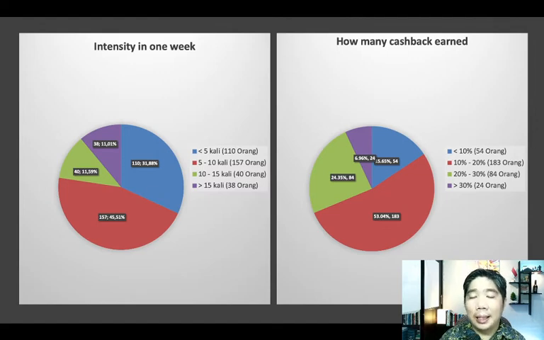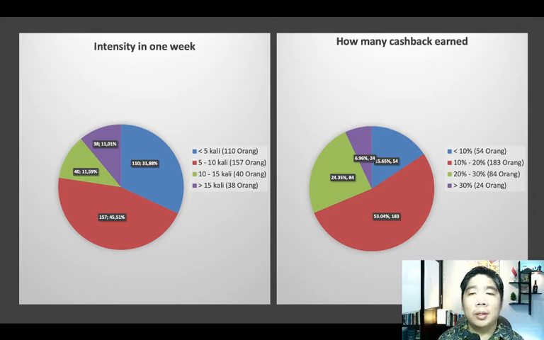From the 345 respondents, we obtained data on the cashback that is most often obtained. 54 people of the respondents receive below 10% cashback, 183 people receive 10 to 20% cashback, and 84 people receive 20 to 30% cashback.